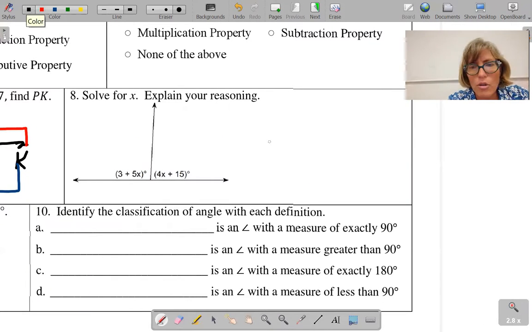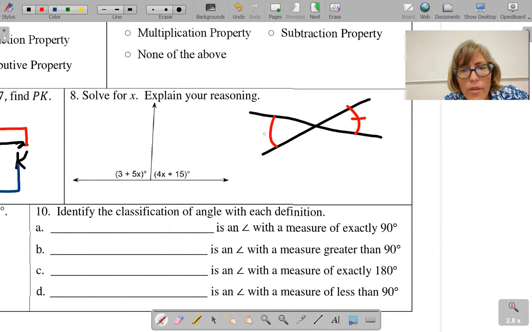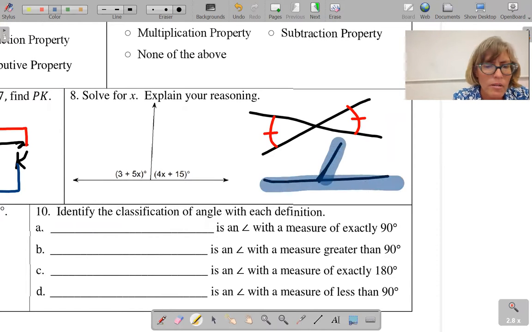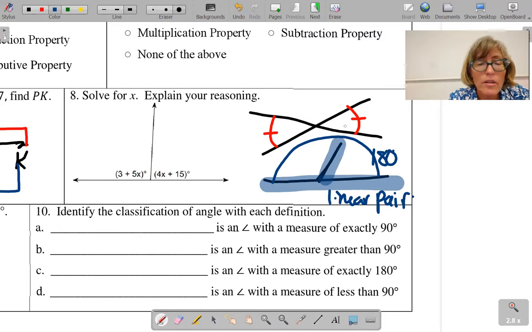Watch out for these angles, super important. Once again, angles directly across from each other are vertical and they're congruent. Angles that share what I call a spine and make a line are called linear pairs. That adds up to 180.